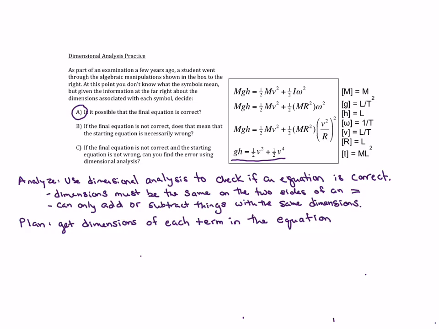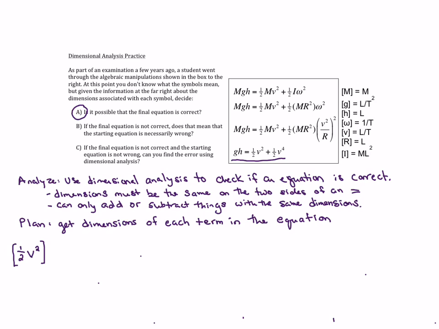All right, I'm going to start with the dimensions of a half v squared. This bracket here that I'm drawing means dimensions of. So a half is a number. It doesn't have any dimensions. And if we look over here, we can see that v has the dimensions of length over time.